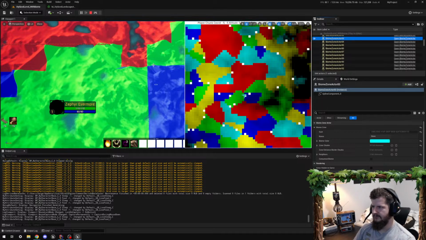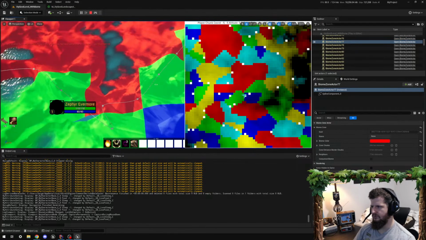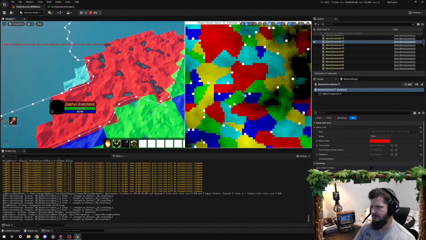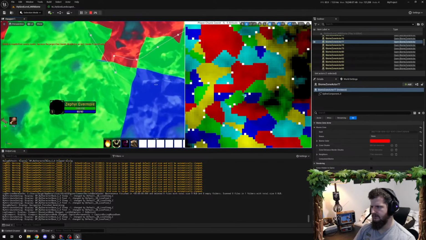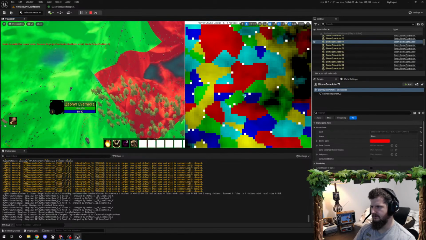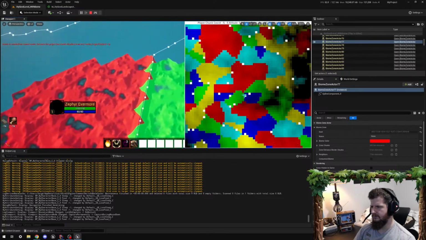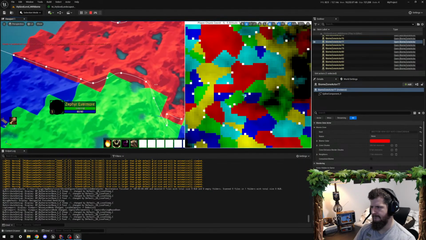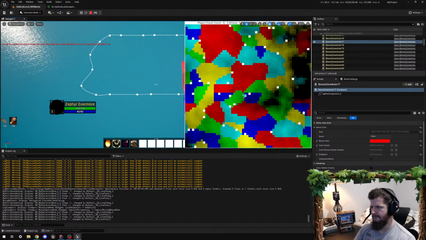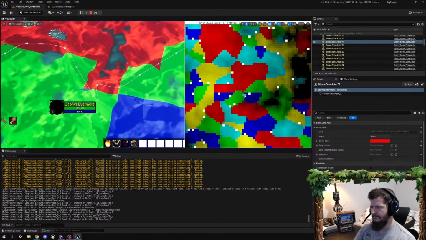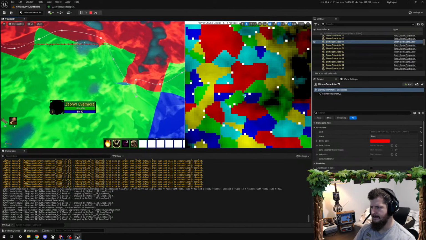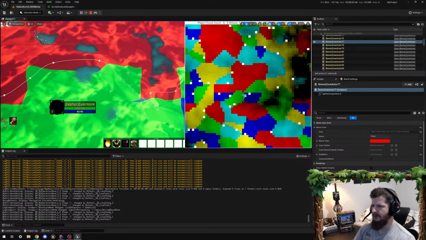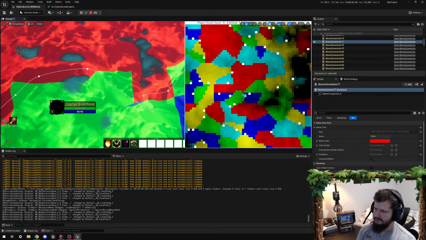And I know the spline is gonna look good. Okay, so is it the other one that's wrong?